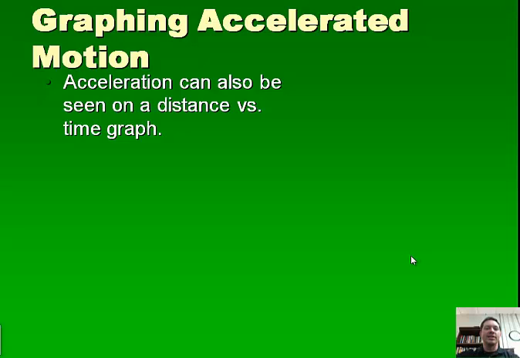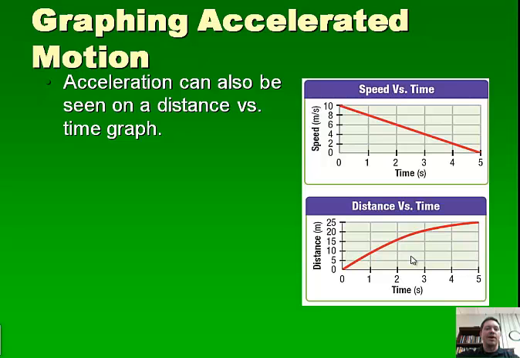We can see acceleration on a distance time graph as well. If we were to put this on a distance time graph, we're going to see acceleration as a curve. If we had a straight line on distance time, actually it would be speed or velocity. So this curved line indicates there's acceleration.